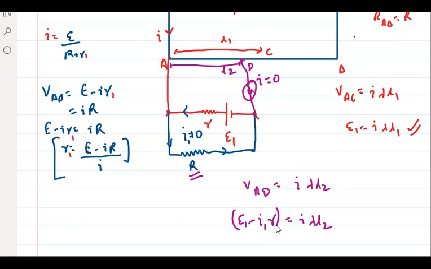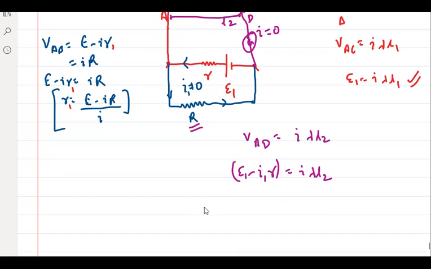What I'll get: E1 by V_AD is equal to L1 by L2. Simple. E1 by V_AD is L1 by L2. Yes sir.